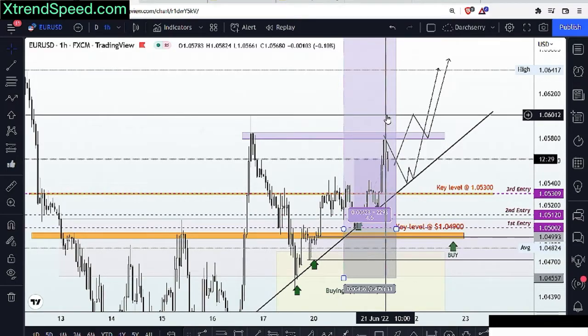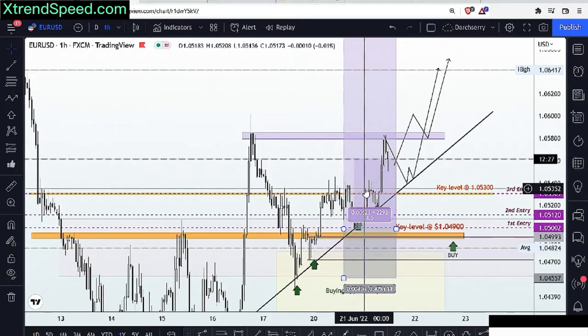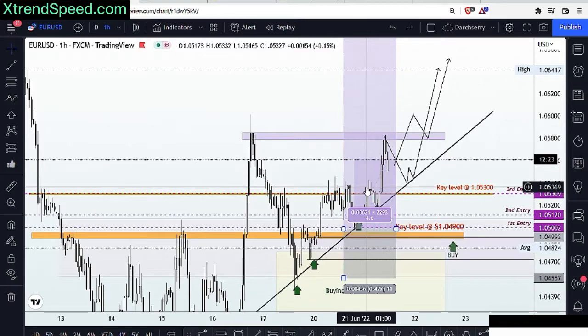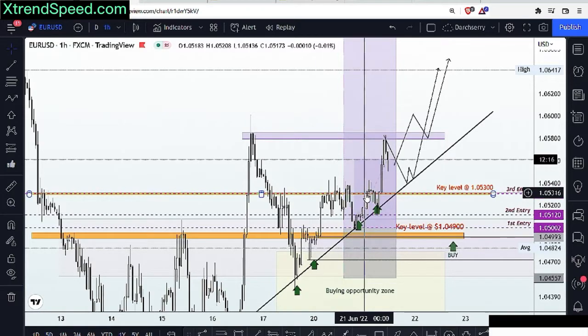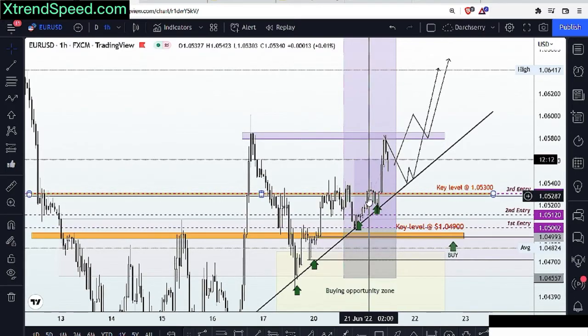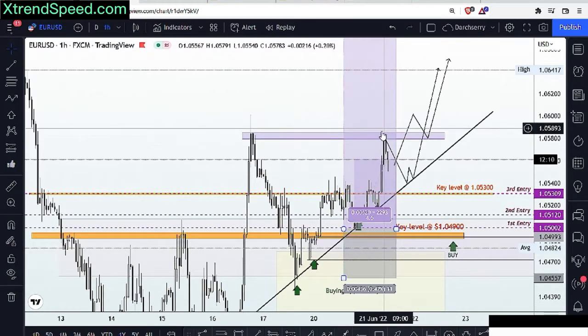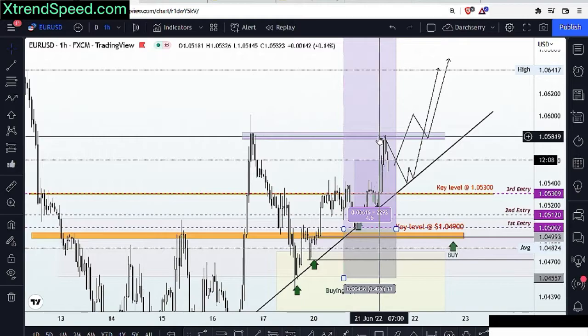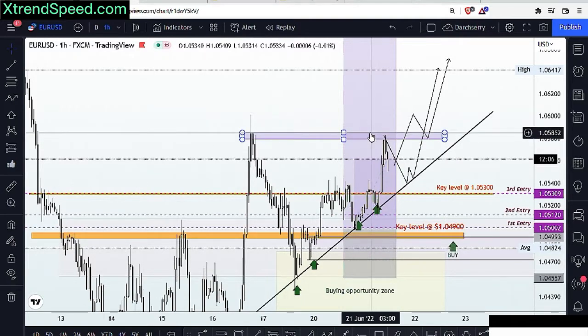So we want to be looking out for a retest of this bullish trend line to guide our actions going forward. Let me do a recap of what I'm saying here on the Euro USD. We have three parameters to guide our actions going forward. The first parameter is the key level identified at 1.05300. The bullish trend line is the second parameter, and the third parameter is the key level that I identified here at 1.05800.